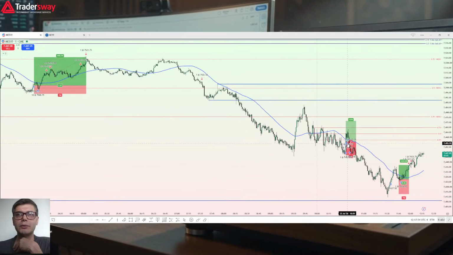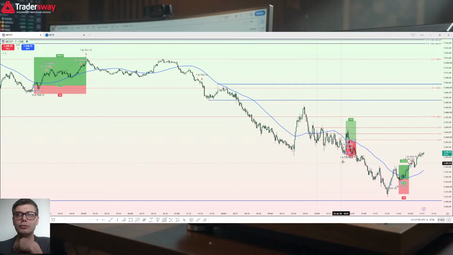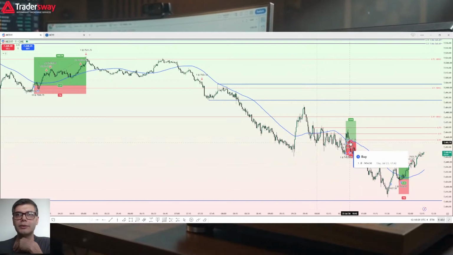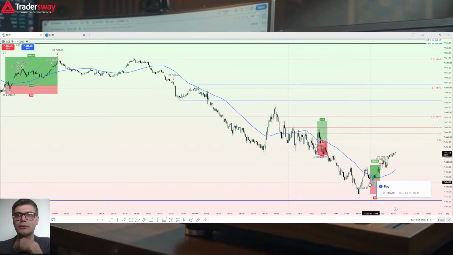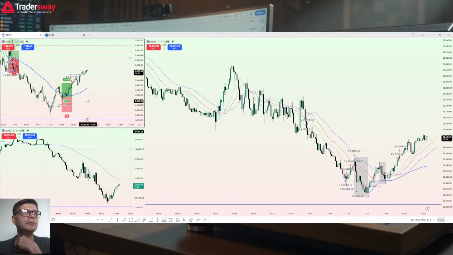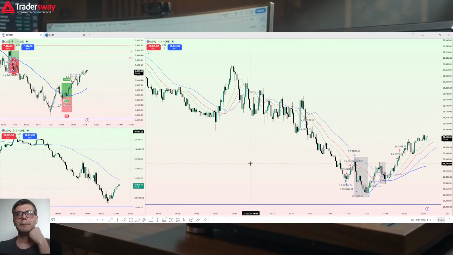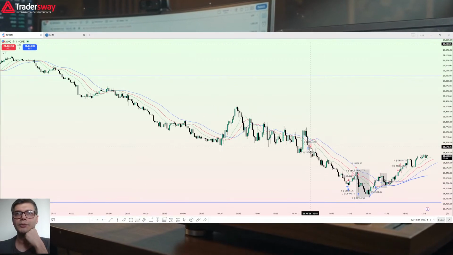We tried to go long here. This was 1, 2, 3 contracts. We got stopped. And here we tried 2 contracts. And then on MNQ, we got stopped.